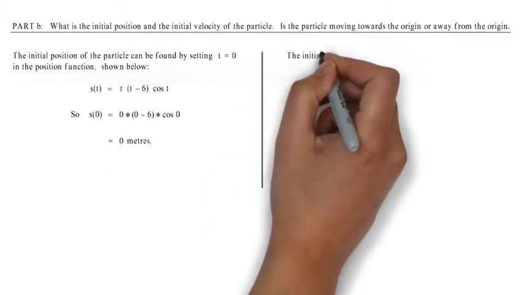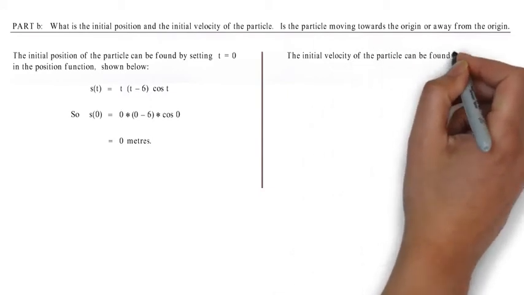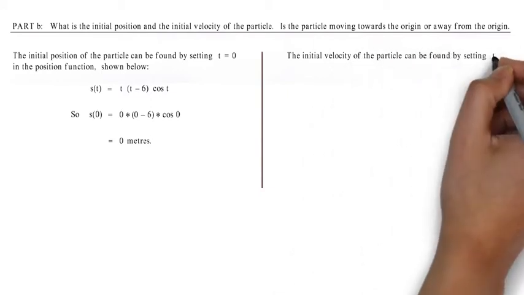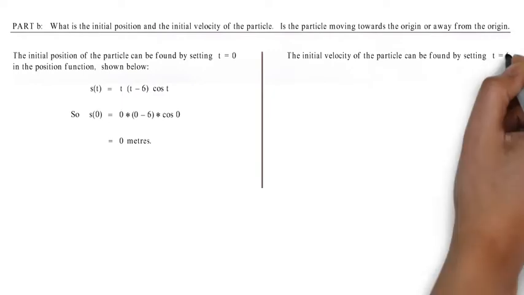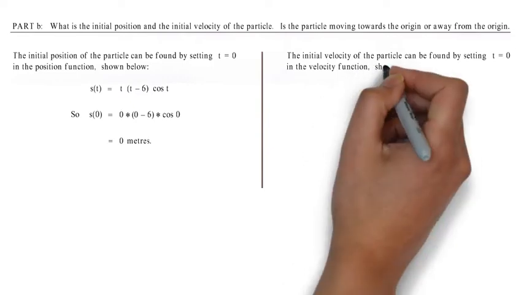The initial velocity of the particle can be found by setting t = 0 in the velocity function shown below.